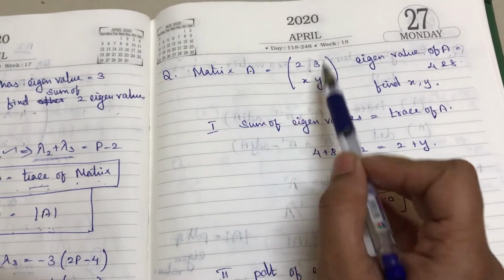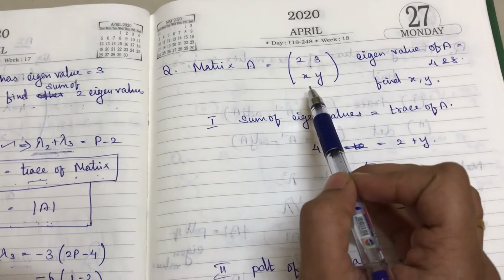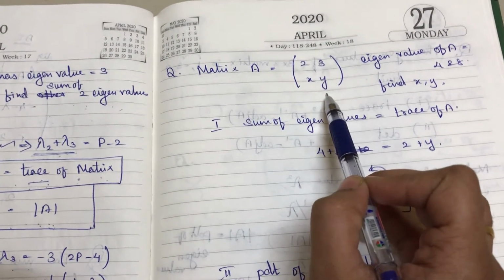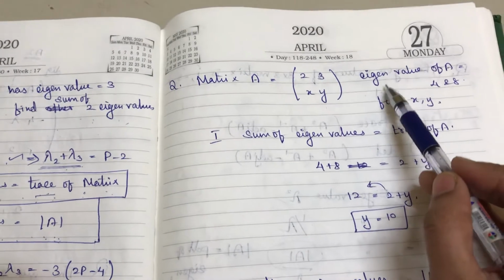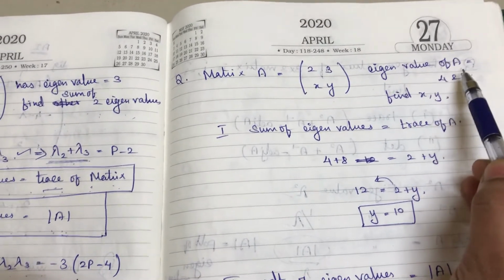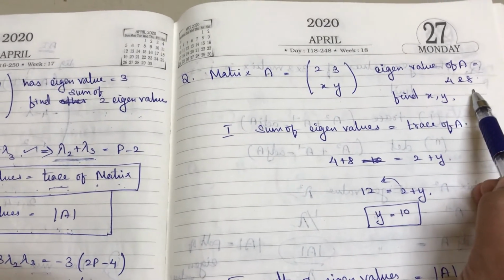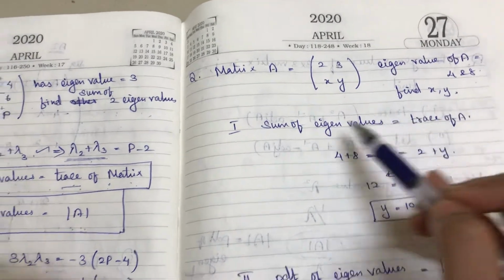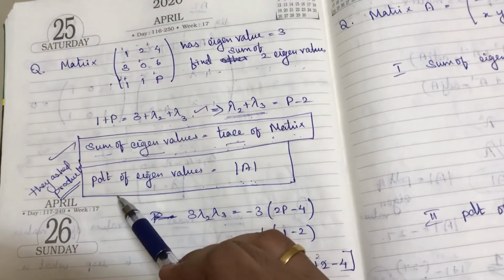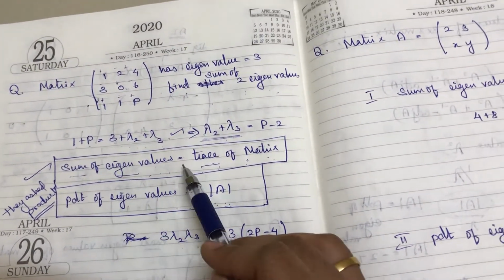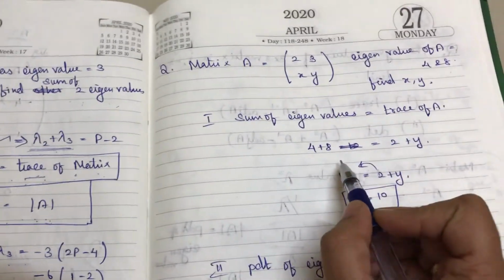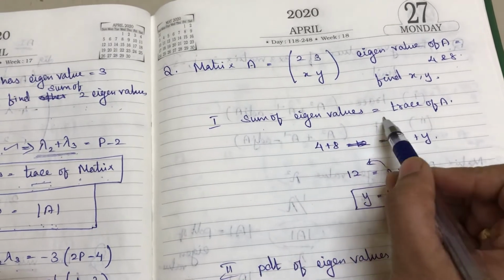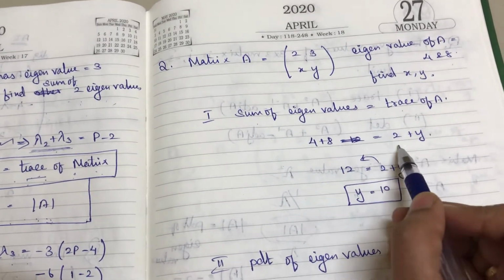Matrix A, they have given one matrix and we don't know the values x, y. We need to find those values. Okay. And they have given the eigenvalues of A as 4 and 8. So we know two conditions, right? Sum and product. The sum of eigenvalues is equal to the trace, that is the diagonal.